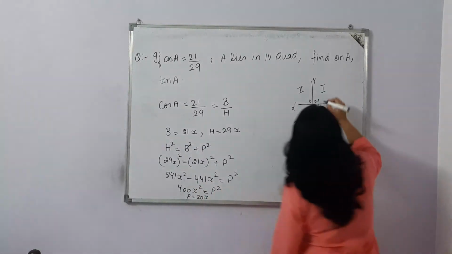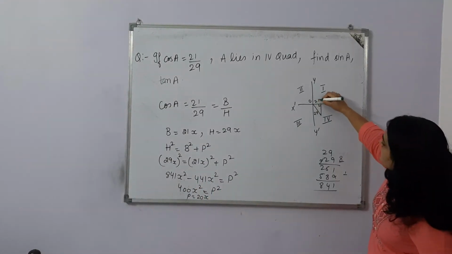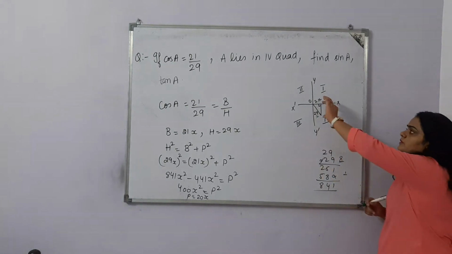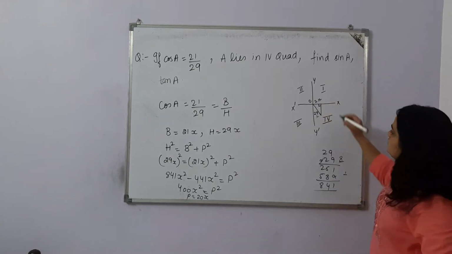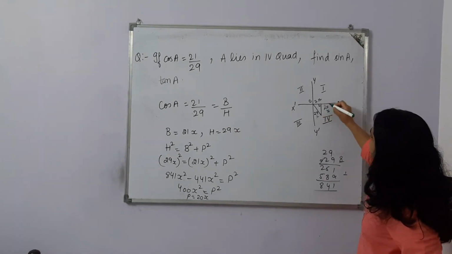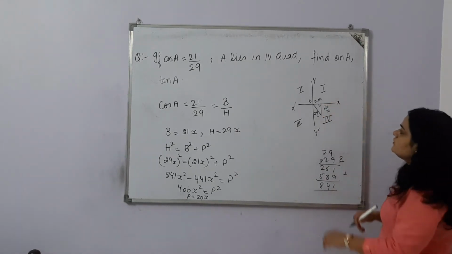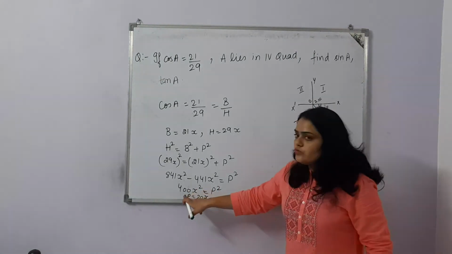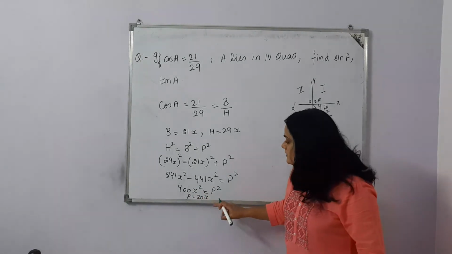So if this is your base, 21x, hypotenuse is 29x, and perpendicular is your 20x. But this is on the negative side, because whenever the squaring goes to that side it becomes plus minus under root.